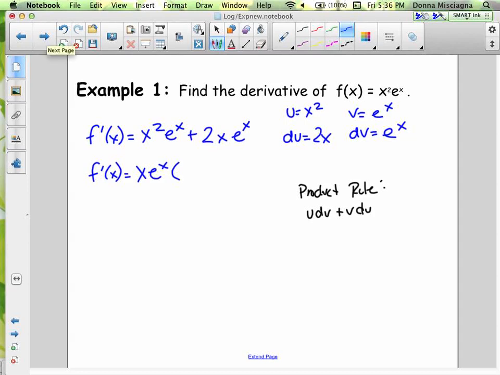If we factor out the x and the e to the x, this would just be x plus 2, right? So there's two different ways to write that. Both are correct, but when we get to needing to solve and set this equal to something, particularly 0, it'll be a lot easier if we've gone over a little bit of factoring.